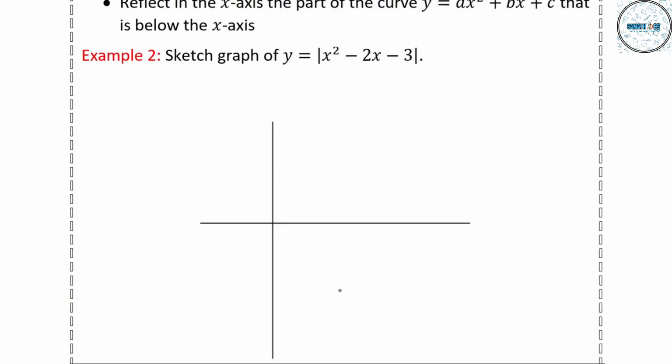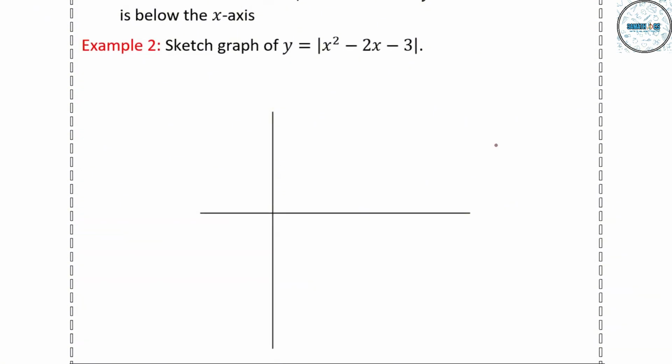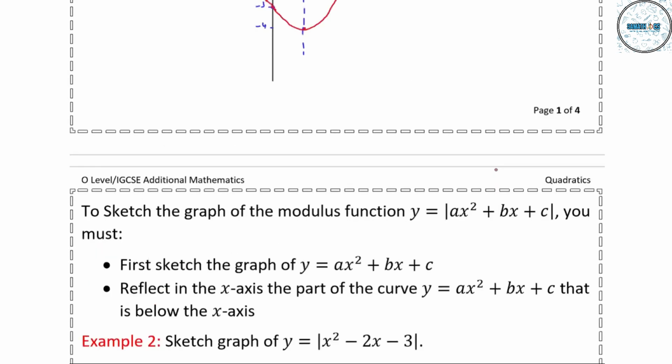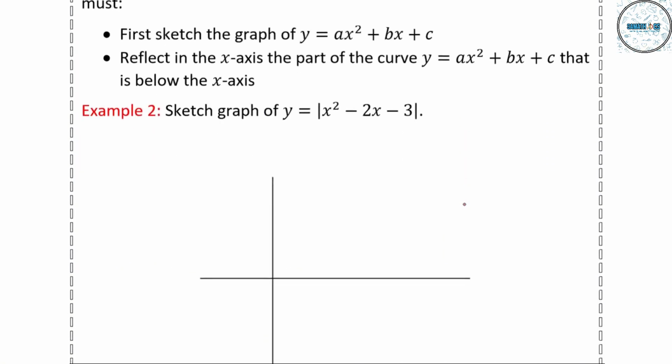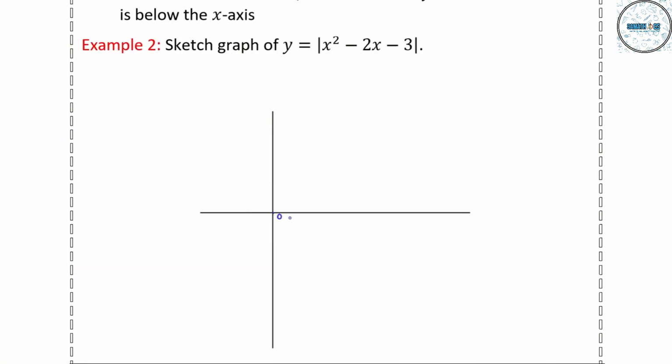As we have already drawn the graph of y is equal to x squared minus 2x minus 3 in the previous example, we will be considering the same for sketching the graph of absolute function. We have 0 here, 1, 2, 3, 4, minus 1, minus 2, minus 3, minus 4.